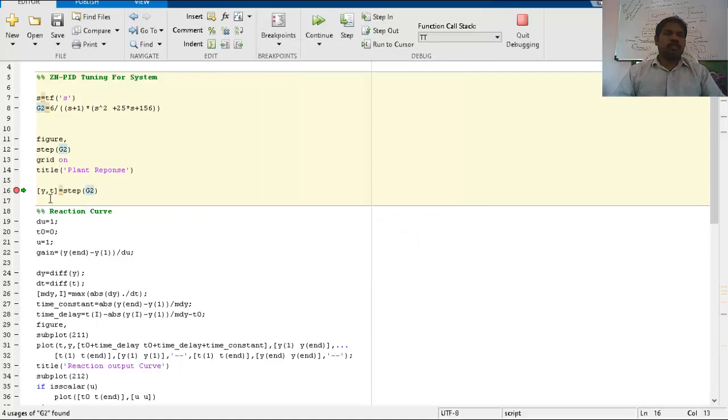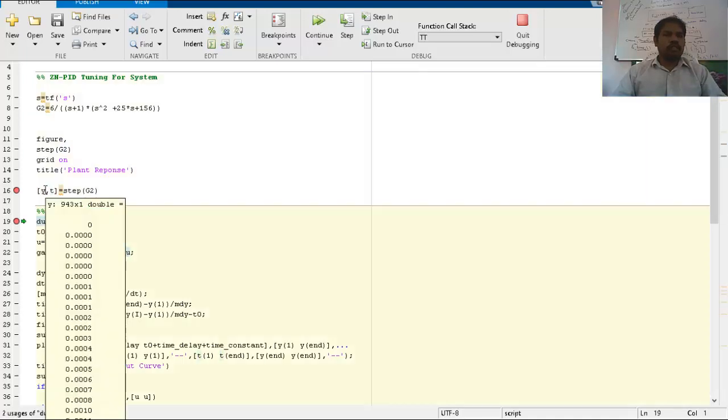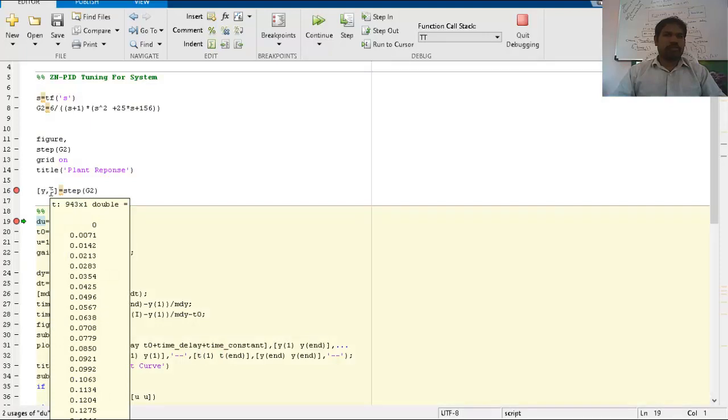To identify this step response, when you apply the step input, we get both the y-axis value and the time value. When you run this, we got the values of y and t.